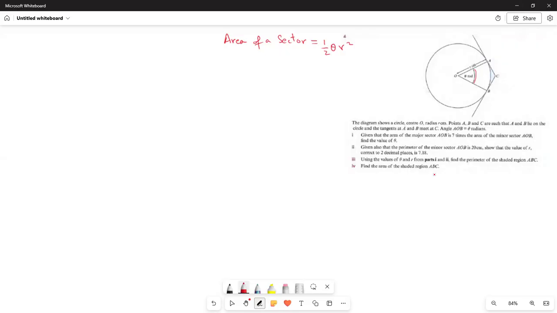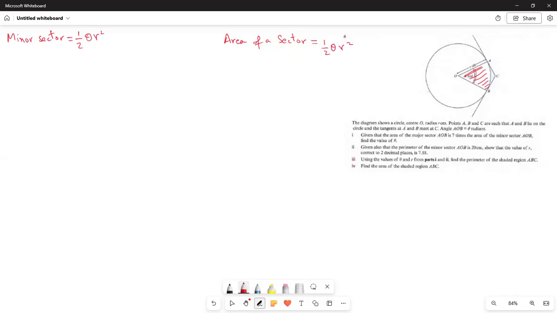So the area of this minor sector is half into theta into r squared. We do not know the value of r, we do not know the value of theta.